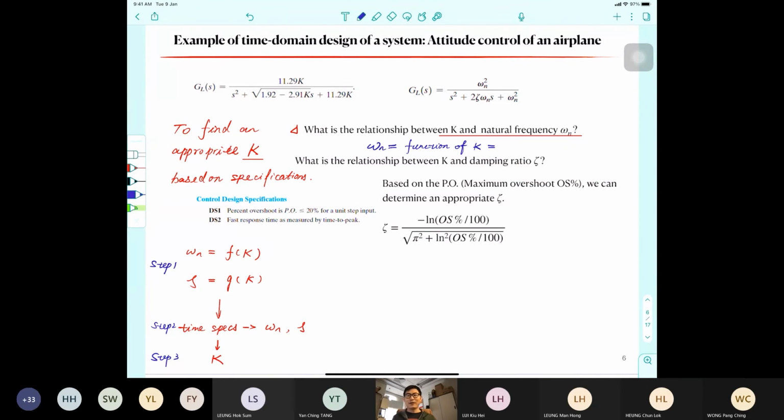Do you understand my question? Yeah, you are almost there. Omega n. So there is a relationship between omega n and here. You can find the corresponding position. So omega n equals to what?